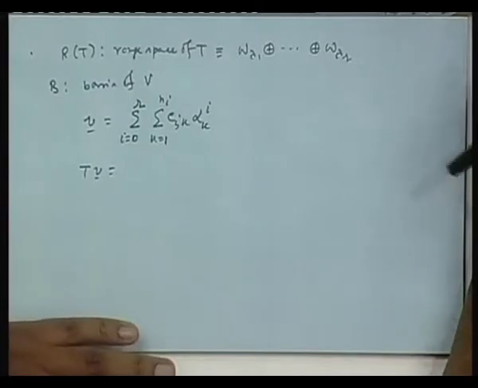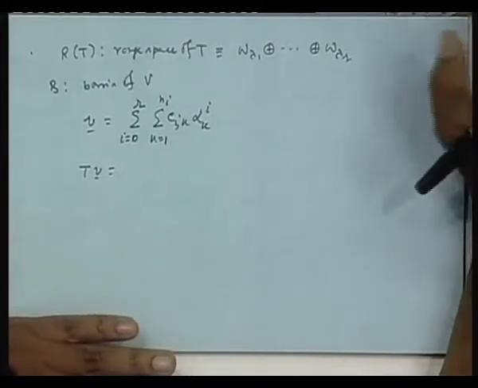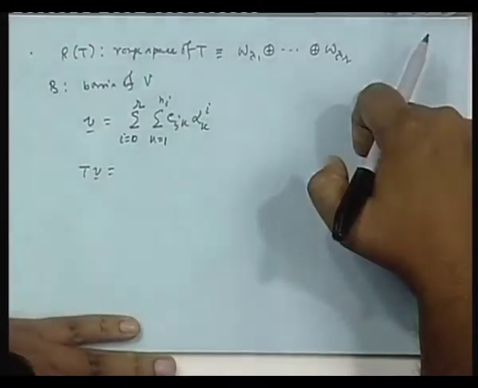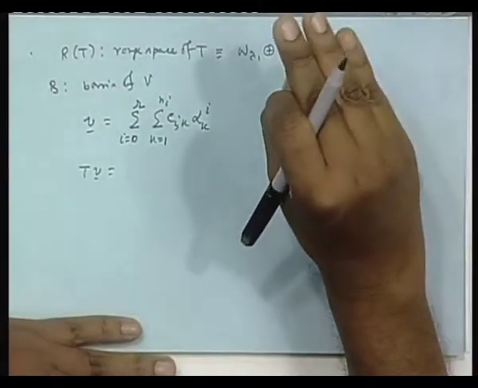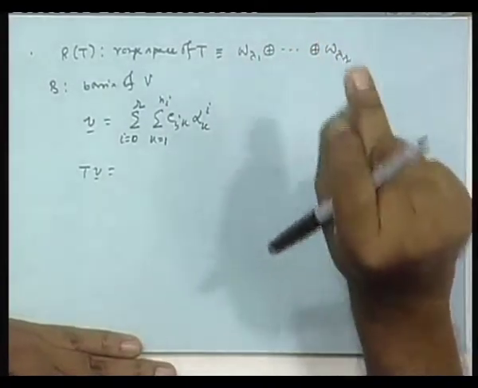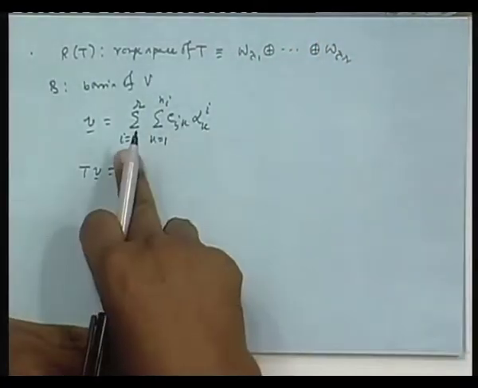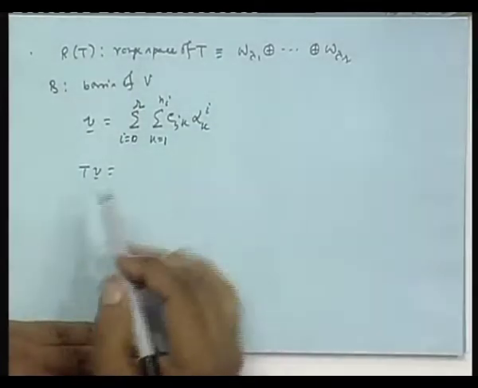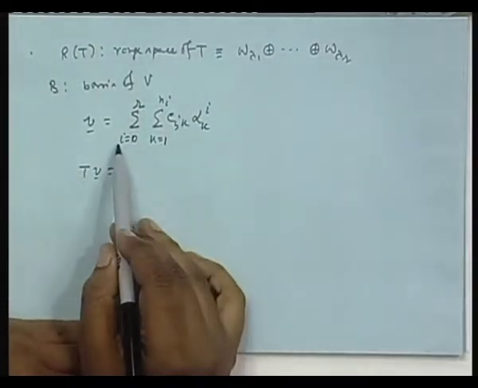Lambda 0 is actually having the value 0. So you have got actually r plus 1 distinct eigenvalues, as I did in the previous slide, that is lambda 0, which is actually 0, then lambda 1, lambda 2, dot dot dot, lambda r. That is why I am starting i equal to 0 going up to r. Okay. Now, when T works on this, first consider the i equal to 0 case.